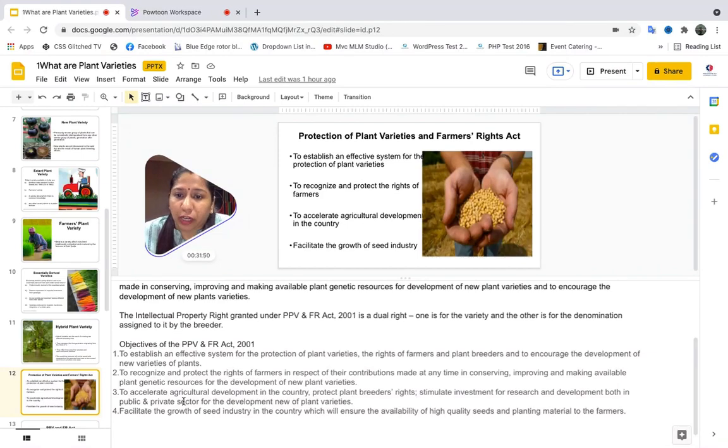Now, the fourth objective was to facilitate the growth of the seed industry so that we are assured that we already have a backup of high proven quality seeds or high performing quality seeds, right?